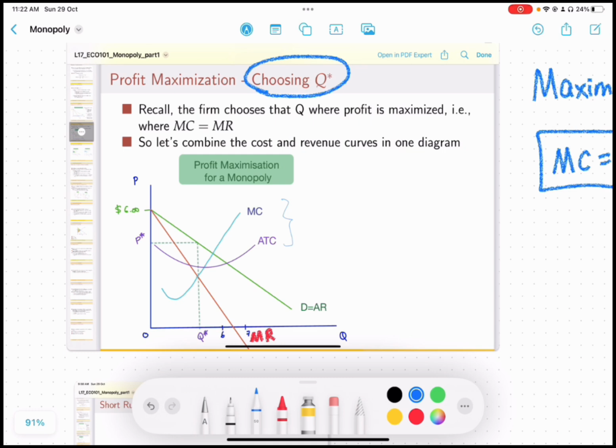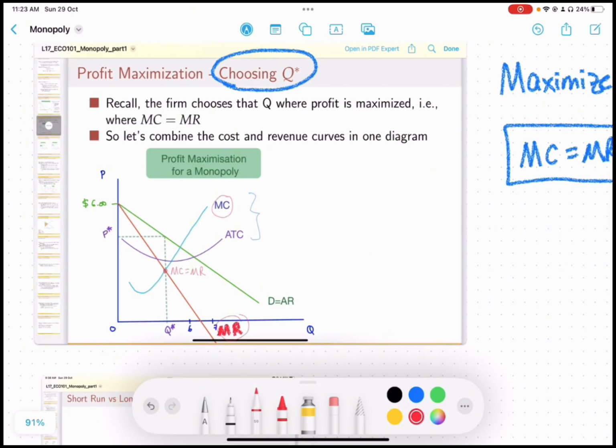Okay. So now that we have the cost curve here, as I said, first, this is the MC curve, this is the MR curve. So this is where MC equals MR. This, as I said, helps you figure out how much the firm should be producing. So you just trace it down and you are going to be producing Q star. This is how much the monopolist will be producing.